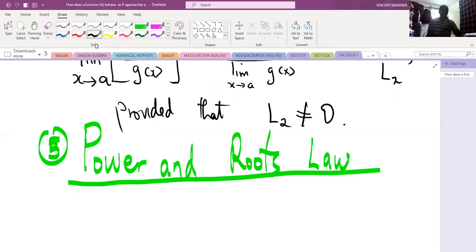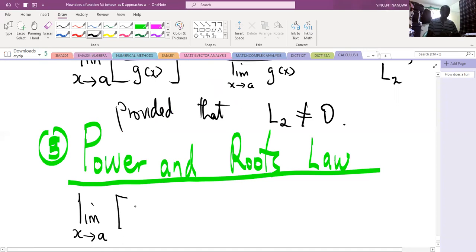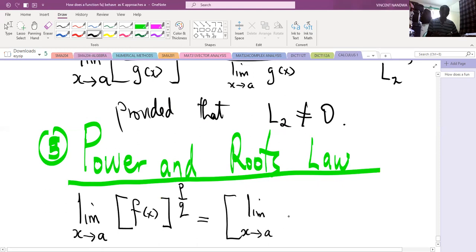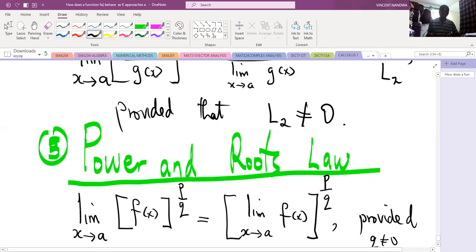So this one says that the limit as x approaches a of a function f of x raised to the power p over q is the same as you take the limit as x approaches a of the function f of x, and then you raise it to the power p over q, provided q is not equal to 0.